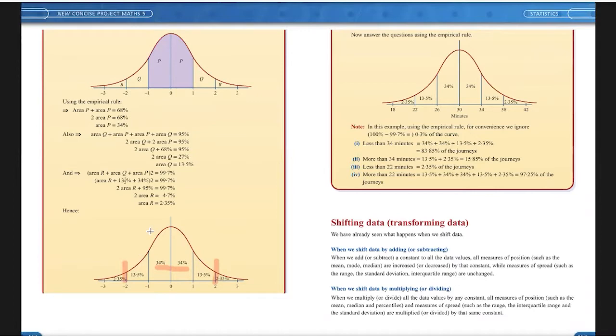Yeah, so there's 47.5 between here and here, okay, but 34% of it is here already. So that's where they get the 13.5 here. Okay, you then got to know that if you come out to 3 standard deviations, that's 99.7. You divide that by 2 and then you figure out what's here.